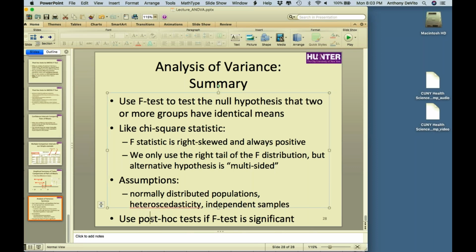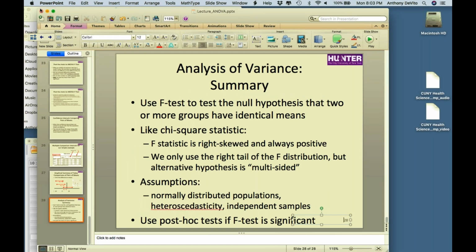And we only use the post hoc test if the F-test is significant. We do not run the post hoc test unless we can justify it by rejecting the null hypothesis using the analysis of variance or F-test. Okay, so that's pretty much it for the lecture version of this whole thing.